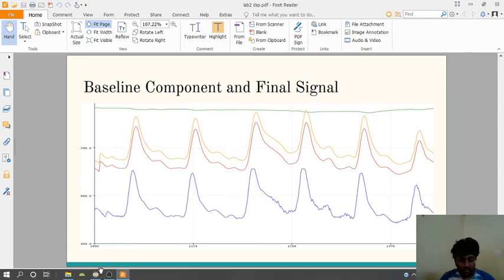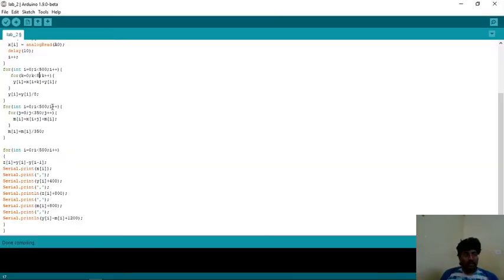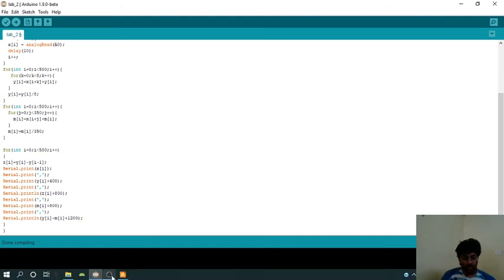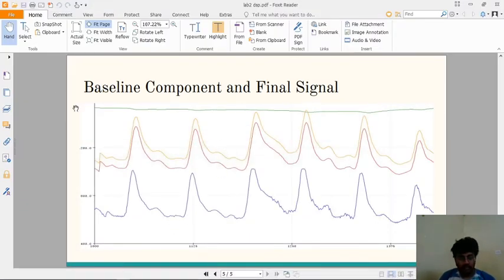So we have taken 350 samples for the moving average, and we get the baseline drift as the green signal here. The original signal is this one, and this one is the moving average filter of it.